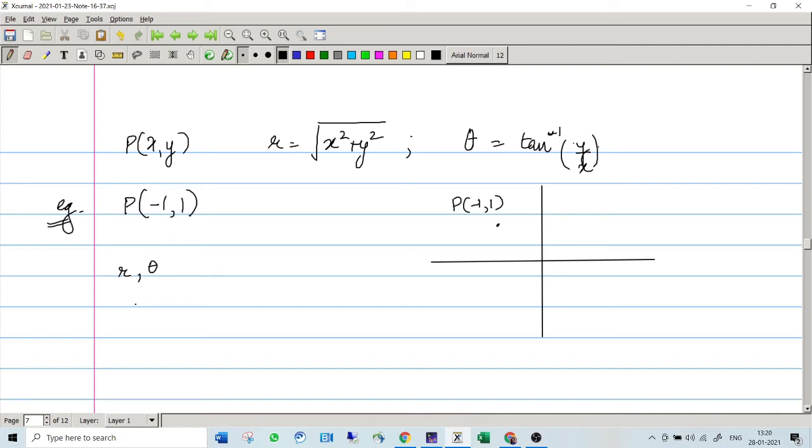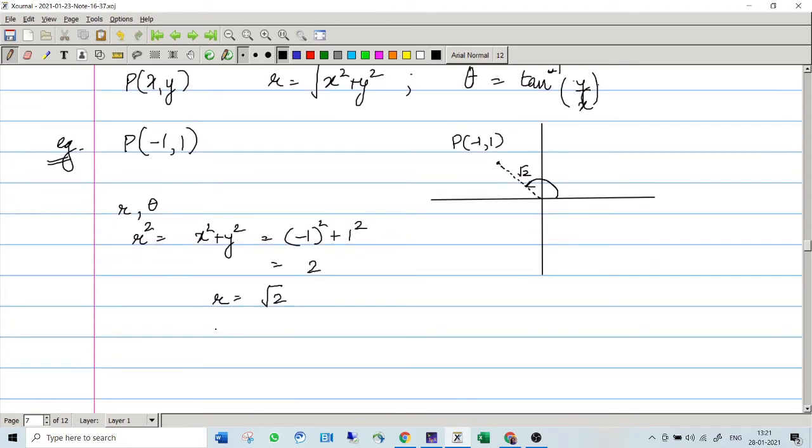You can simply see that r square was x square plus y square. Right now your x is minus 1, so minus 1 square plus y square is simply 2, and you can say that r is going to be square root 2. That is, this particular distance is going to be square root 2. And in what direction? In this sort of a direction.